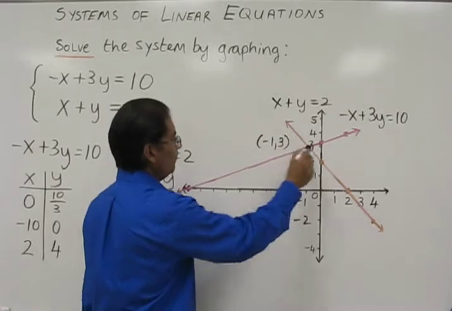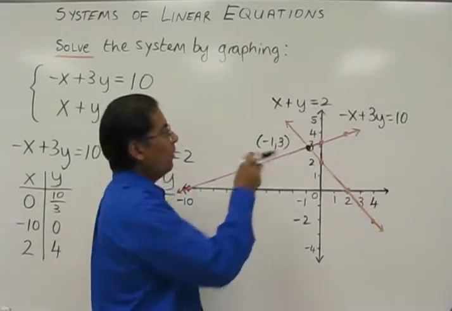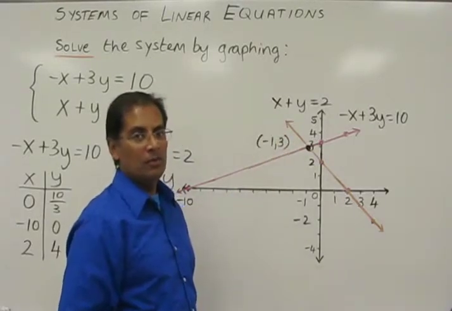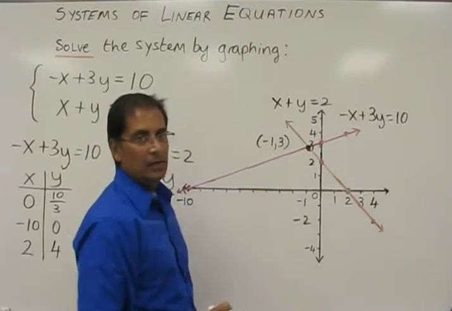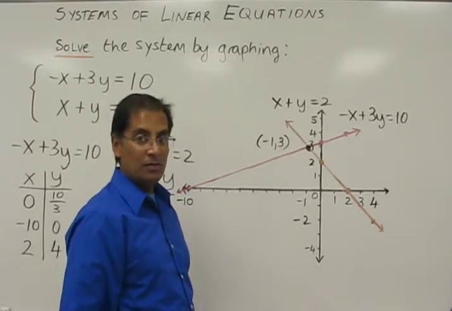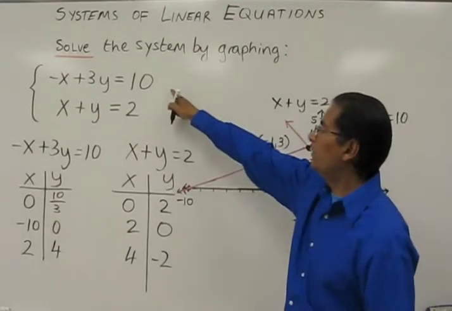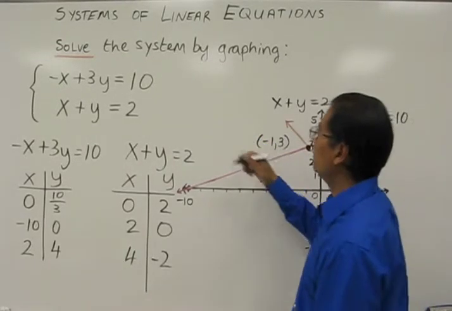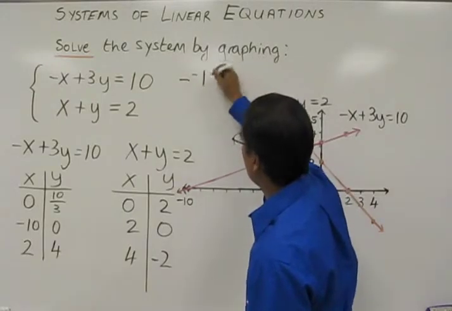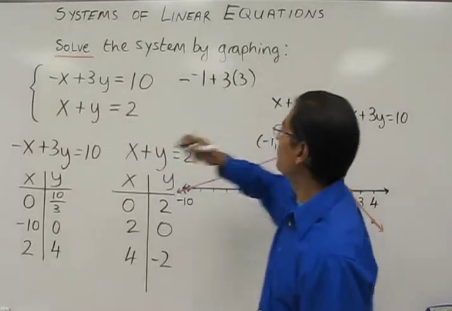Now, if negative 1, 3 is indeed the solution to this system of equations, then this point must satisfy both of those equations. And so we need to plug in negative 1 and 3 into both equations to see if they actually satisfy both. Let's do that. In the first equation, negative x plus 3y equals 10, I'm going to plug in the point negative 1, 3. So we'll get minus negative 1 plus 3 times 3, y is 3.